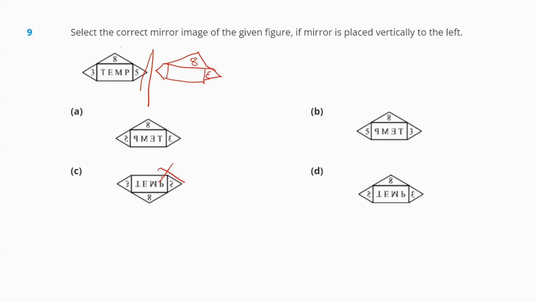It doesn't get reversed. Now 5 will be like this, and this will be so answer A is a correct answer. Moving on to the next question.